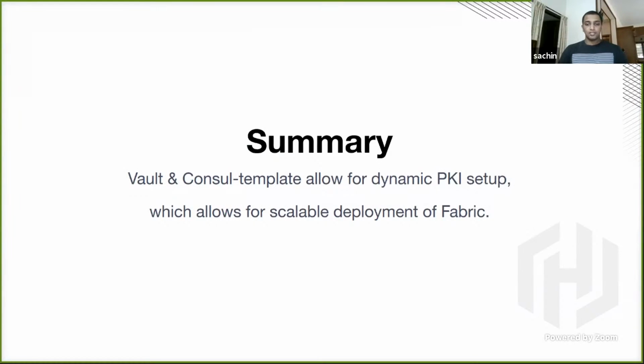So as you could see, Vault and Consul-template help us set up these dynamic PKIs and issuance and reissuance of certificates for us, because that's the main problem in setting up networks in Hyperledger Fabric, right? We spend so much time actually setting up networks and maintaining them rather than building APIs and chaincodes and other stuff that actually bring more value to the network, like actually using the network, right?